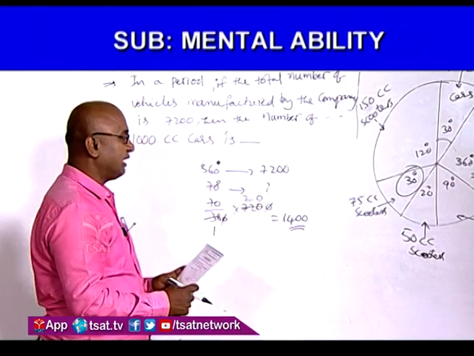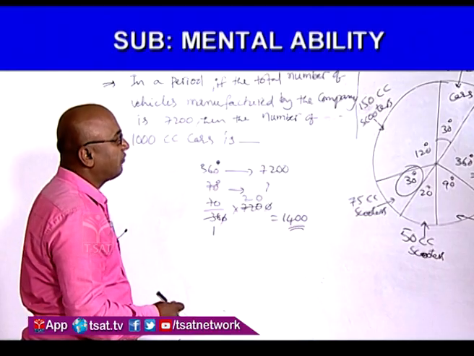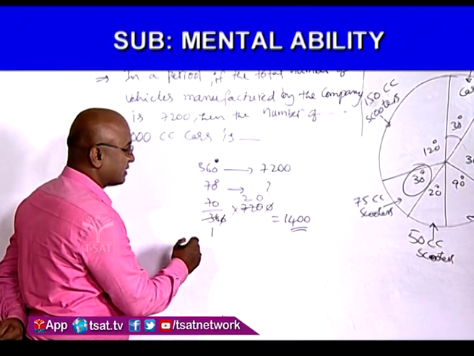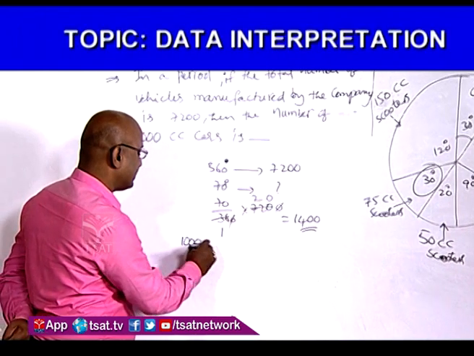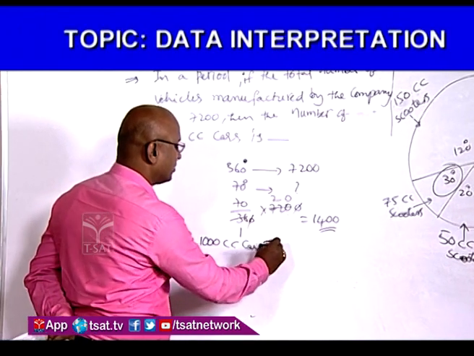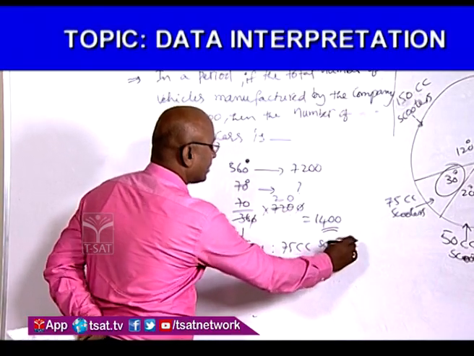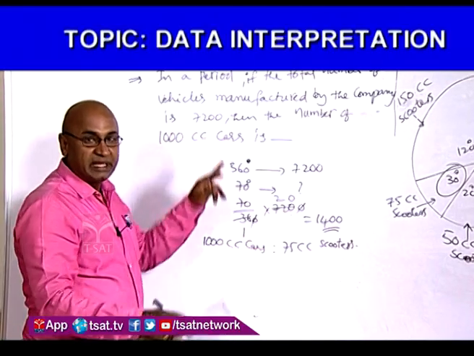Okay? Similarly, what is the ratio of 1000cc cars and 75cc scooters? 1000cc cars is to 75cc scooters. Got it? So the problem can be given like this only.